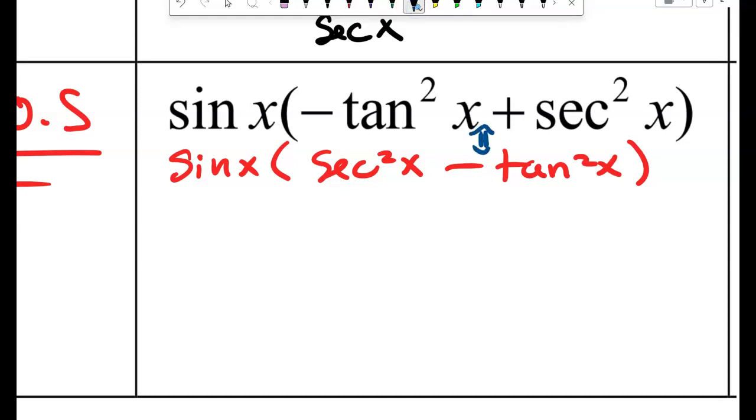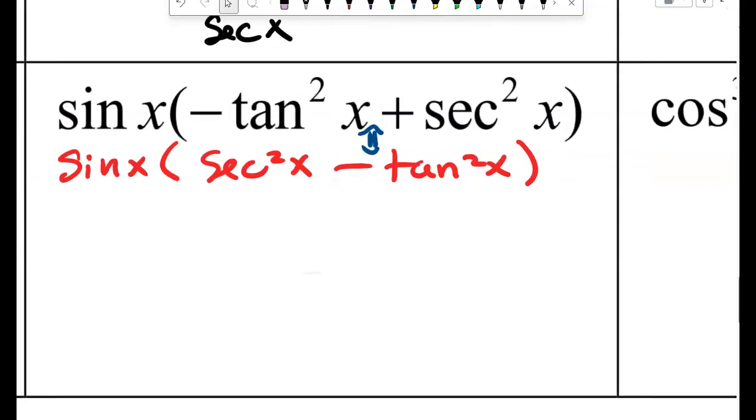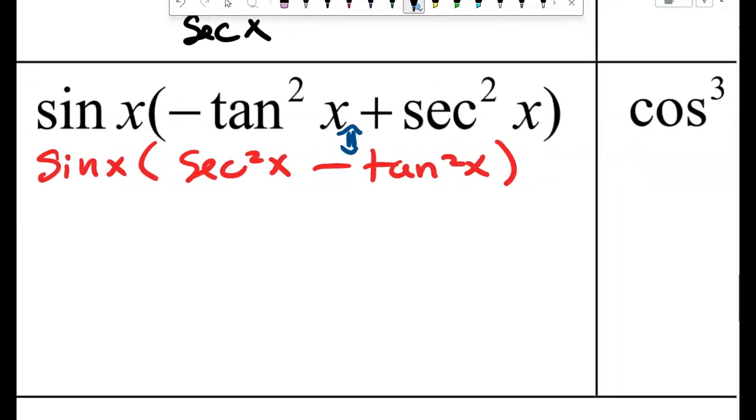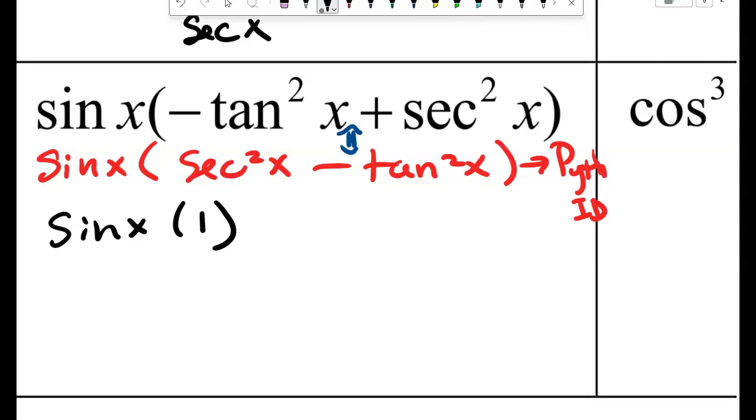So isn't it really an identity? Someone goes, well, what would you put down here? I would say switch it, use your commutative property, and then use your Pythagorean identity. Because the moment you do your Pythagorean identity, what lovely number is that equal to? Also, that was way easier than all that other stuff. So don't forget to look for those.